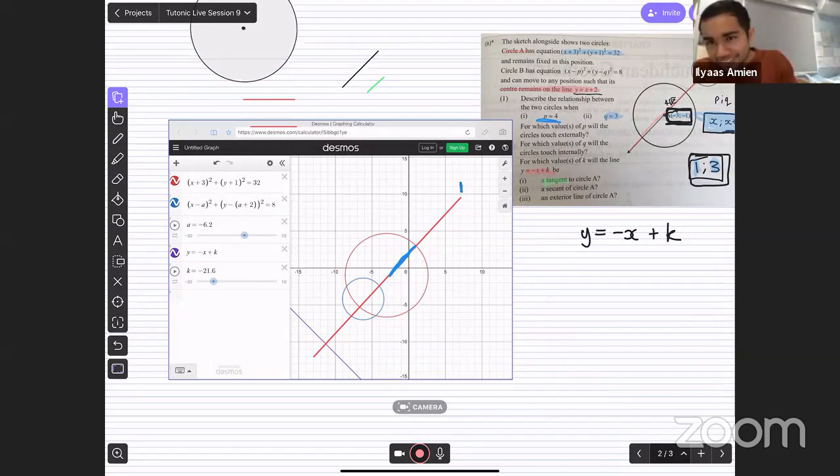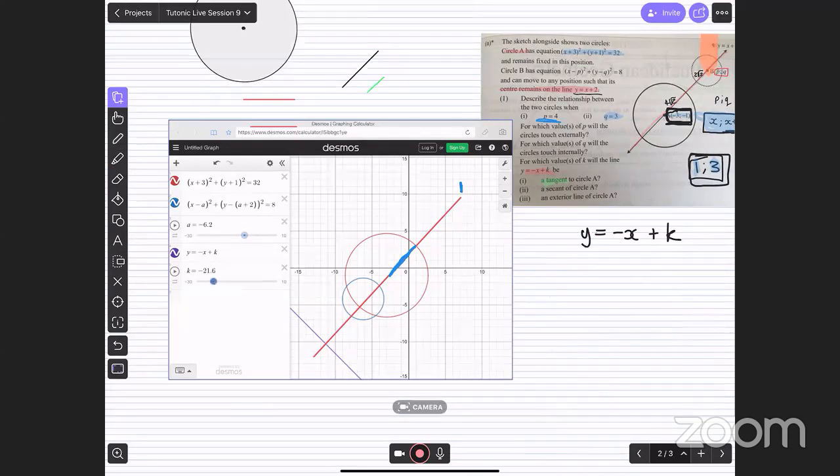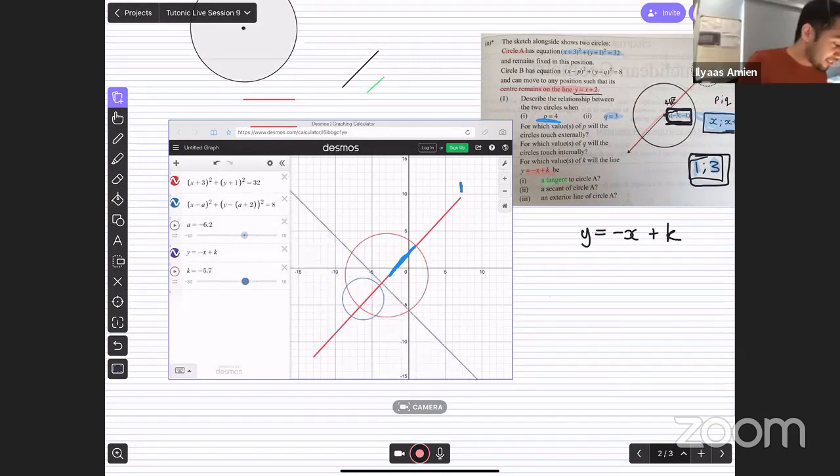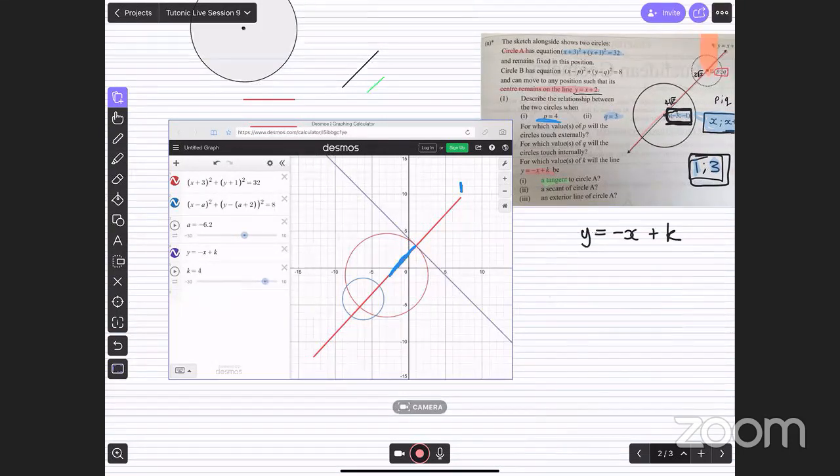So if the gradient of the tangent is perpendicular to a radius, then it must be at the point of contact. Then you make them equal to each other, and you'll get the point of intersection, which means the tangent must be at that exact point. Yeah.